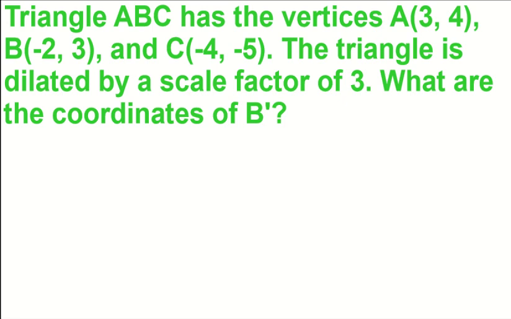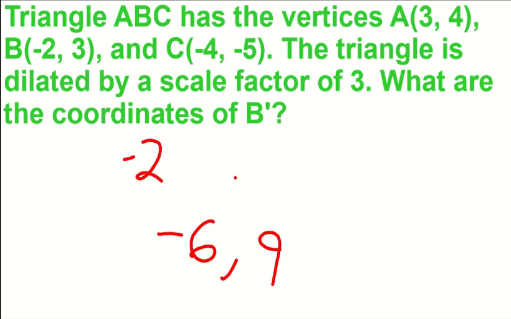All right, so let's try dilation. Scale factor is 3. Need B prime. Aubrey? All right, so she said -6, +9. That is correct. All you are doing, you're taking the ordered pair to start with.